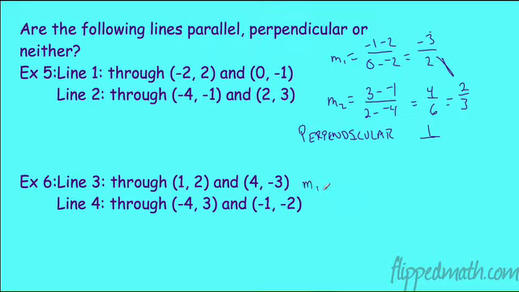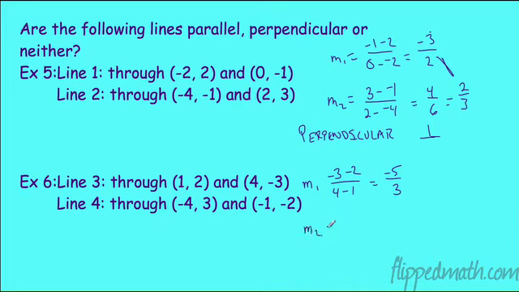All right, let's take a look at this one. Find the slope of the first line. -3 minus 2 over 4 minus 1. So -3 minus 2 is -5. 4 minus 1 is 3.